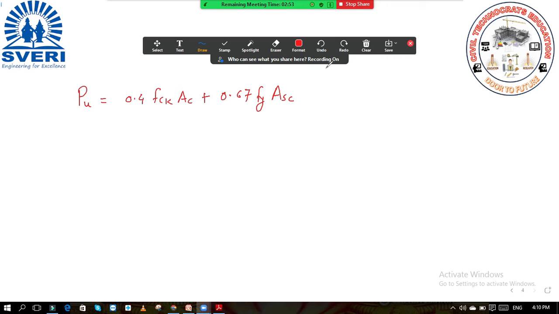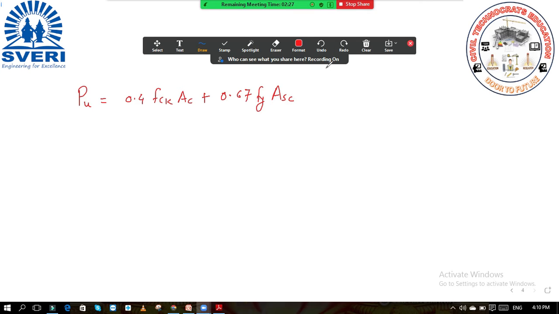Because the value of E depends upon 0.05 times D, once you revise the value of D, your value of E will change. This is the first thing. And the second thing is that if you want to keep that value as it is, suppose now your E minimum is not less than E, then you can design that column as a biaxially loaded column, which is not there in your syllabus right now.